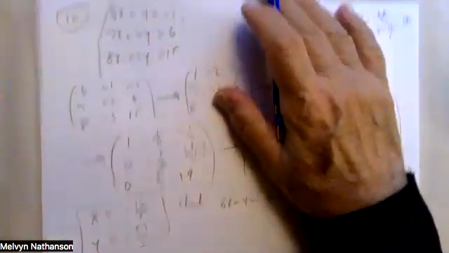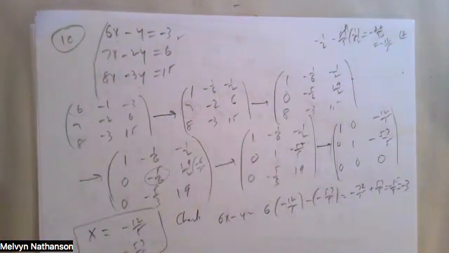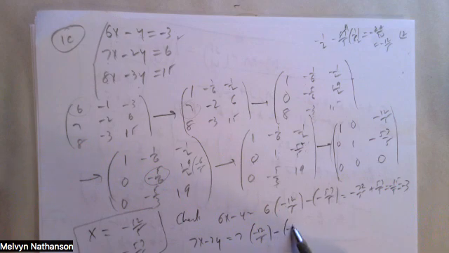Oh, what's it supposed to be? Lucky so far. Let's check the second equation. 7x minus 2y is 7 times minus 12 over 5 minus 57 over 5.